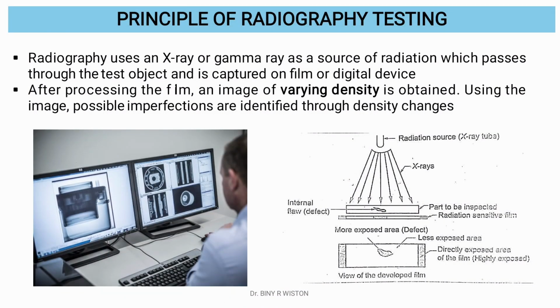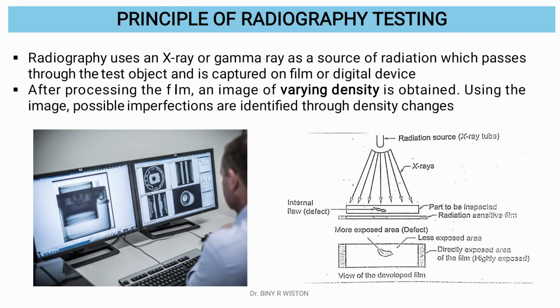The radiation that passes through the defective area causes more exposure on the radiation sensitive film, resulting in different exposure and are shown in the form of shadow graph on the developed film.